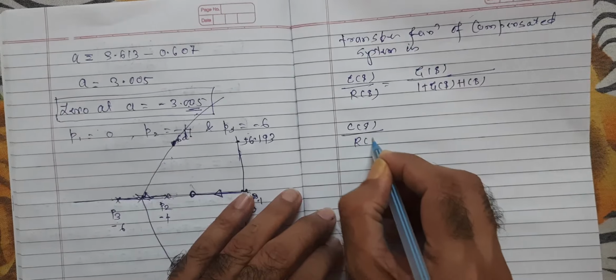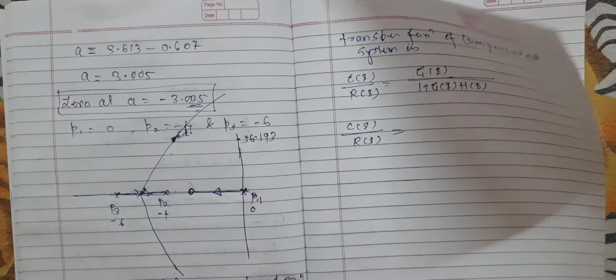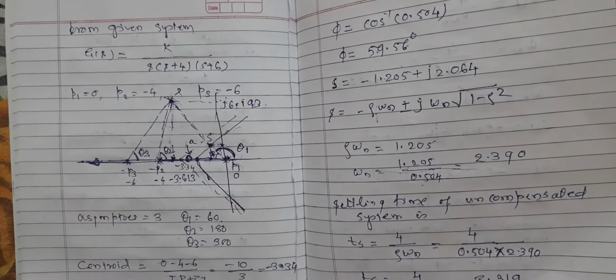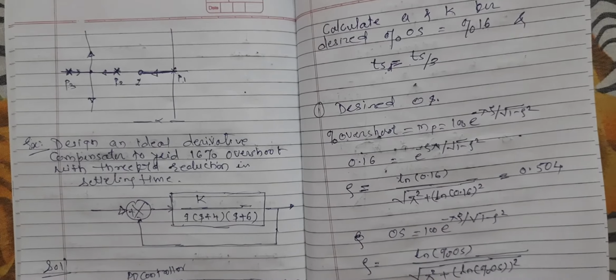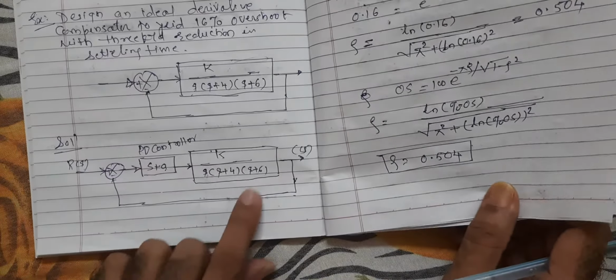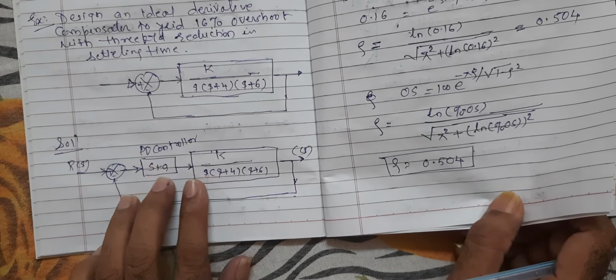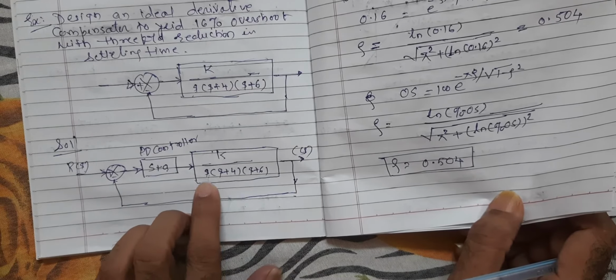If we solve this one, the G(s) value is K multiplied by (s plus a), divided by s into (s plus 4)(s plus 6).